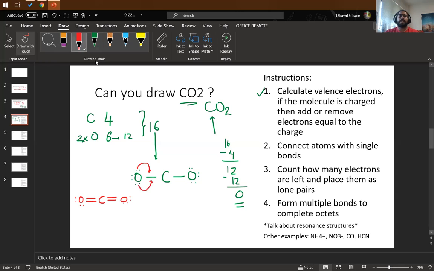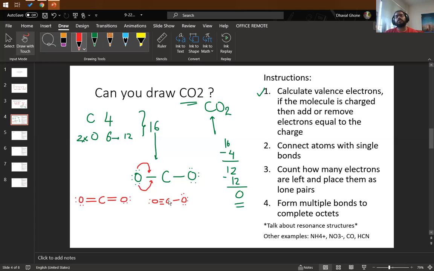And so what I'll get in that case would be oxygen with just 1 lone pair left behind, a triple bond, carbon, single bond, oxygen, and then these electrons. And so if you see now, this oxygen has an octet, 2 in the lone pair and 6 over here, 2 plus 6 is 8. This oxygen also has an octet, 6 electrons in the lone pairs and 2 in the bonding pair, 8.